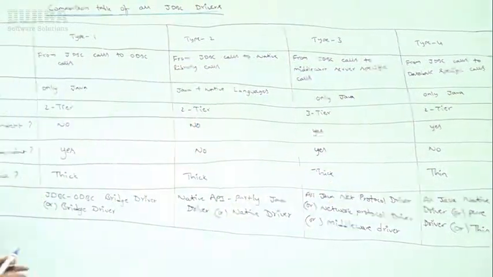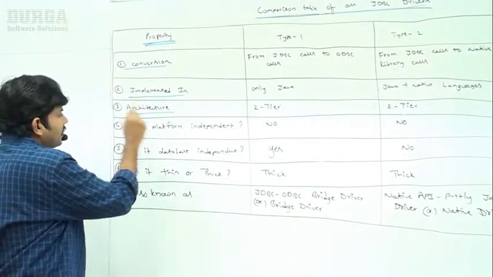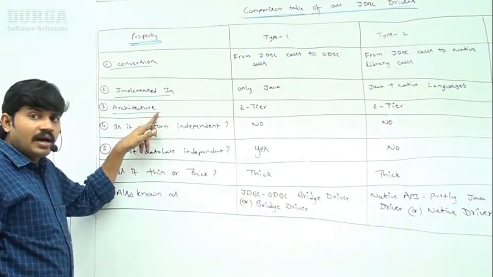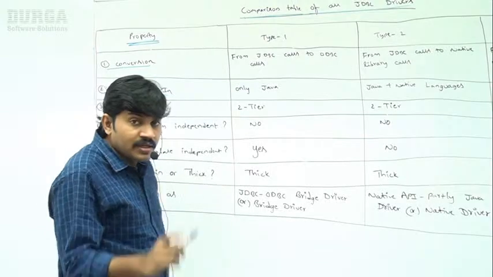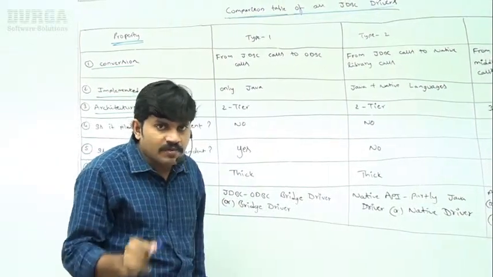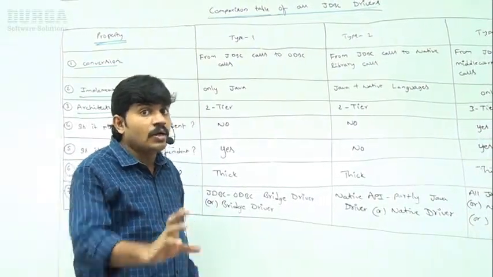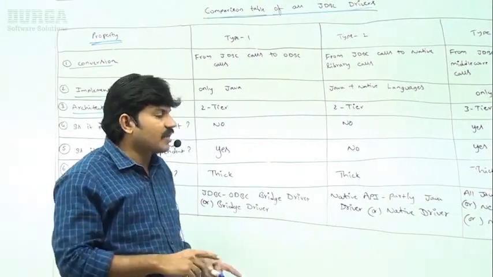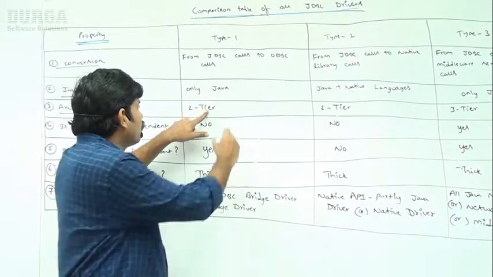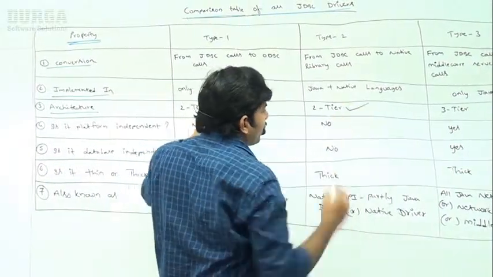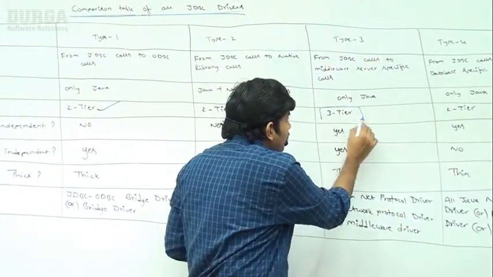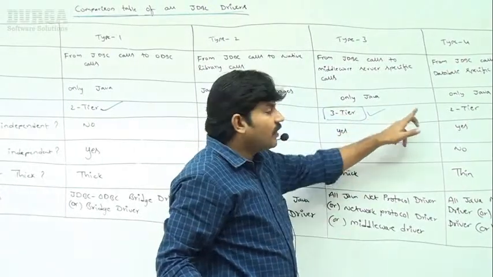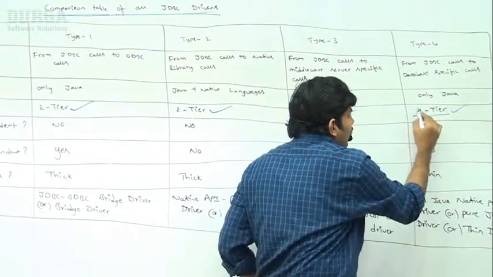Okay. Next, which architecture does it follow, sir: 2-tier architecture or 3-tier architecture? Just now I covered it: except for the type 3 driver, all the remaining drivers follow 2-tier architecture, but the type 3 driver follows 3-tier architecture. Type 1 is 2-tier, type 2 is 2-tier, type 3 is 3-tier, but type 4 is once again 2-tier only.